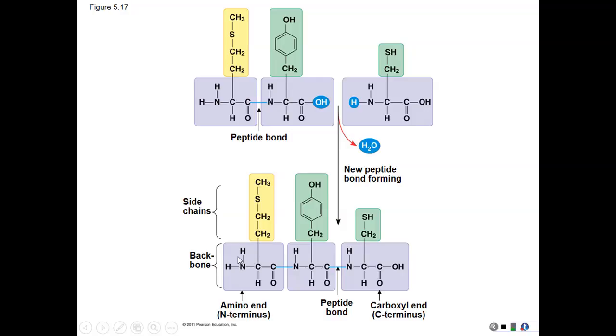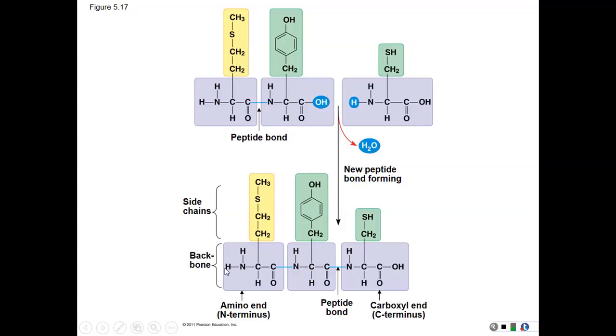All right? Guess what we call that end of the protein? That's the amino end of the polypeptide. It's sometimes referred to as the N-terminus, drawing attention to the nitrogen in the amino end. It gets its name because that's still dangling open, free at one end of the protein.